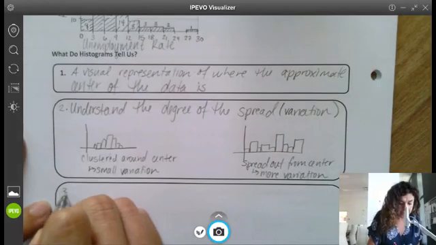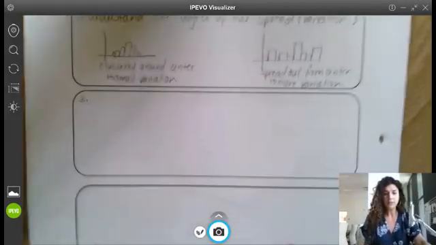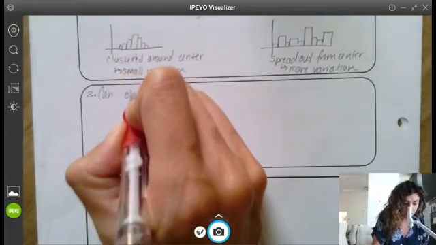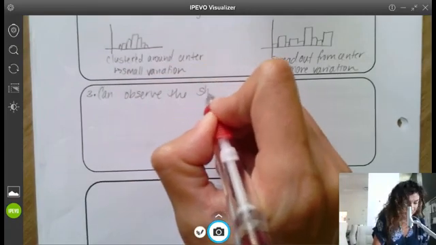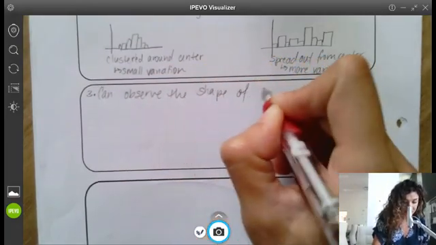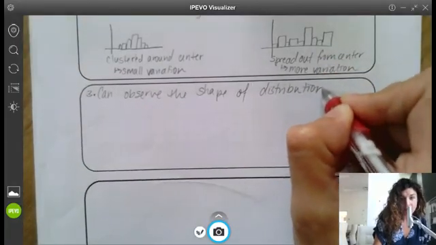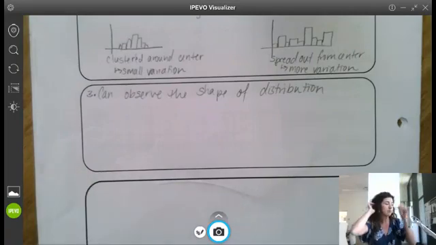Okay, the last thing that a histogram can show us visually, we can observe the shape of distribution. So we talked about spread and the type of spread that you can have. Well, we can also have the shape of the distribution that we see.